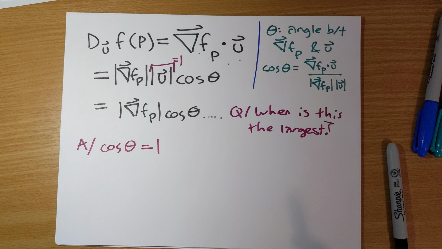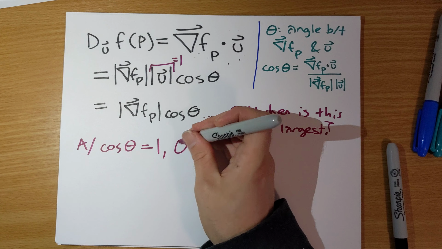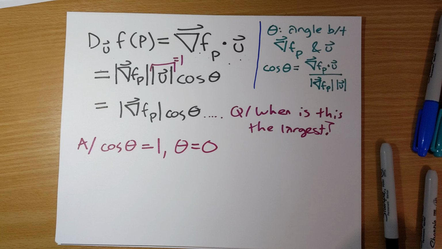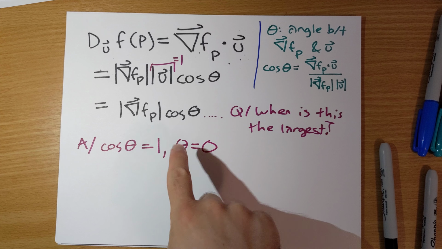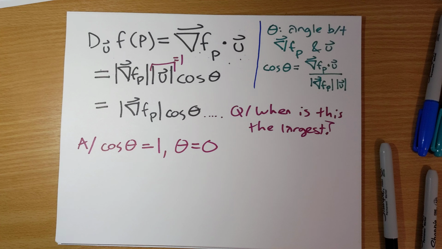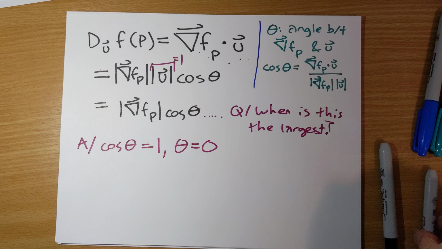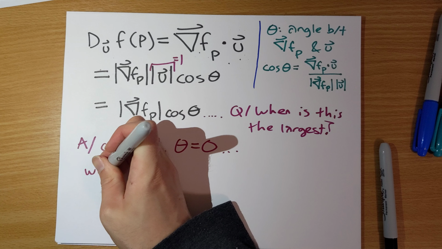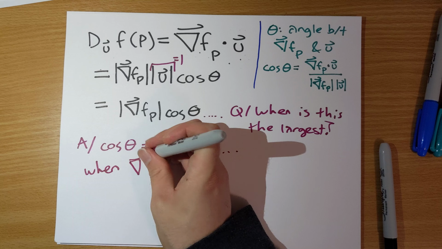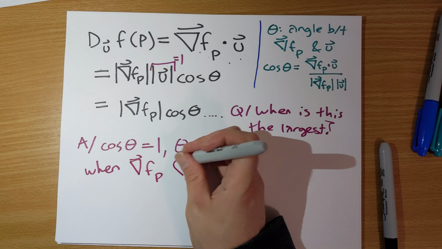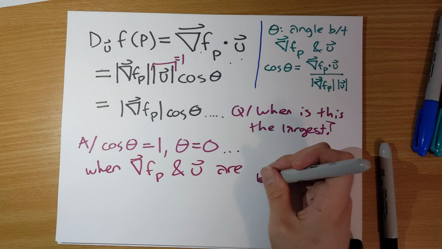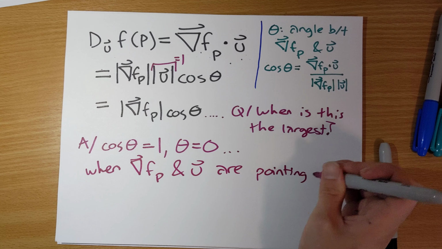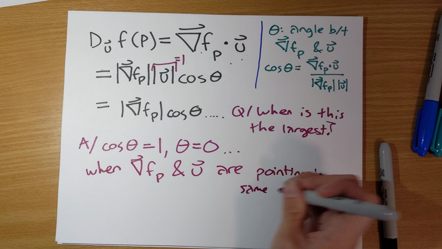The biggest cosine theta can be is 1. And when is cosine theta equal to 1? When theta is equal to 0. And so geometrically, if theta is equal to 0, what does that tell you about the gradient of f and u? This is when the gradient of f evaluated at p and u are pointing in the same direction.